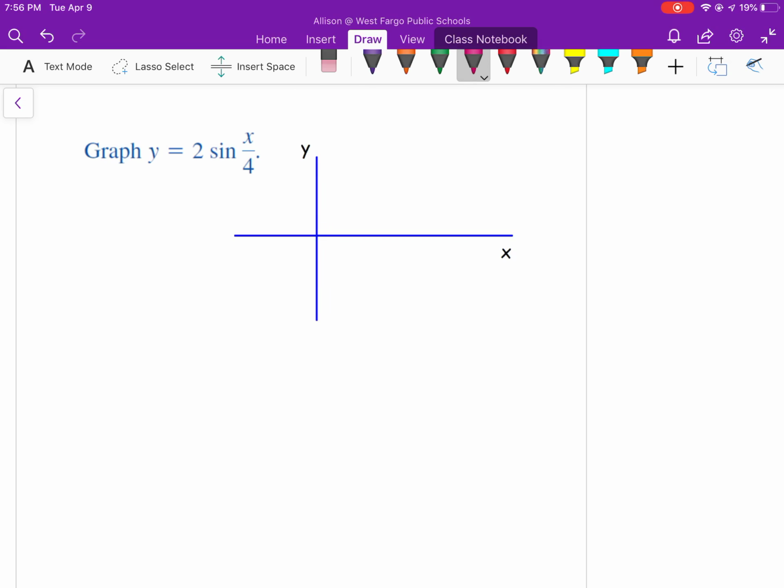All right, so I need to identify some key features. So first I want to look at the amplitude, which is the A value out front here. So amplitude is 2. And then my period, I'm going to find by taking 2 pi over my b value. So my b value is with my x.